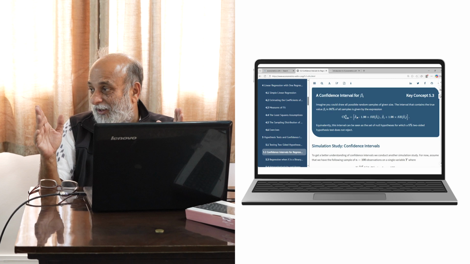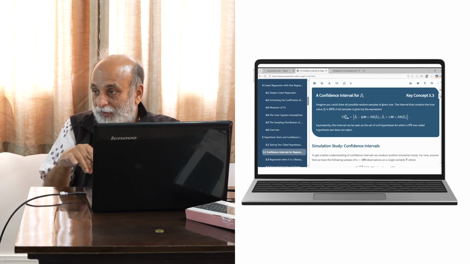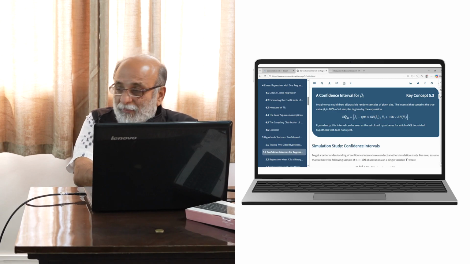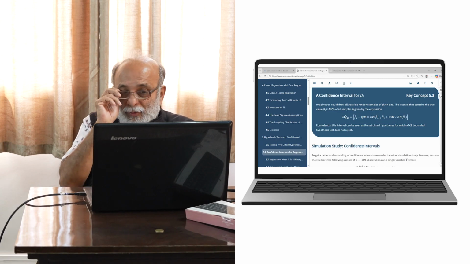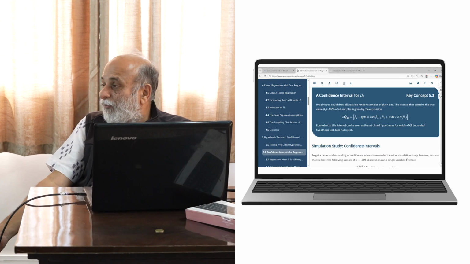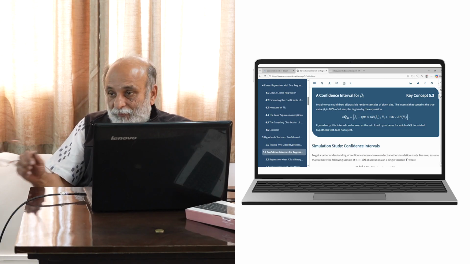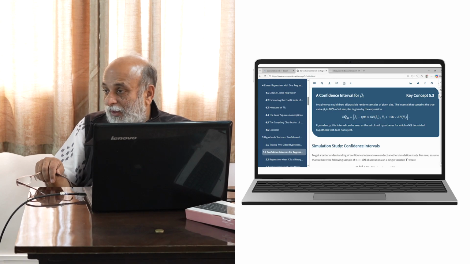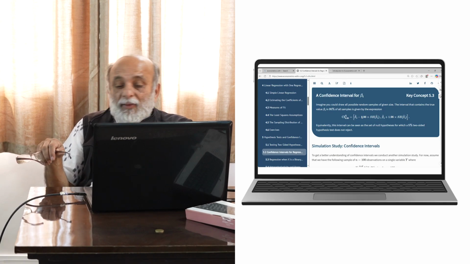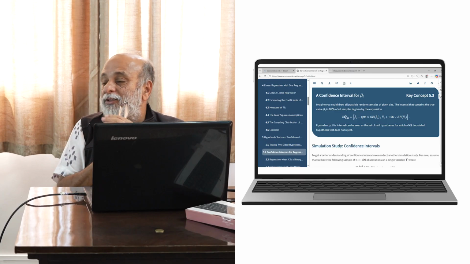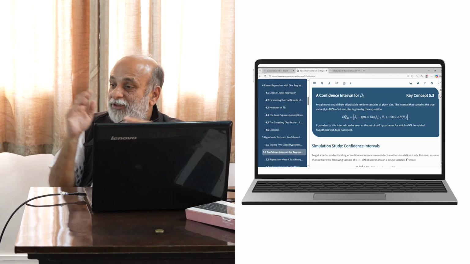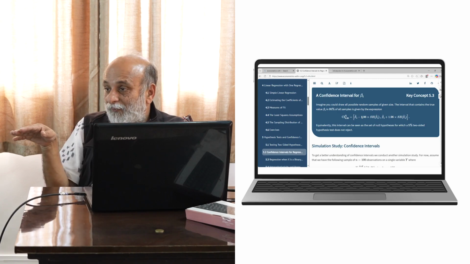It's a very helpful thing, right, because it gives you the uncertainty. So that is given by the estimated value minus 1.96 into the standard error, and the estimated value plus 1.96 into the standard error, where standard error is the estimated standard deviation of that beta hat coefficient. Why minus 1.96, plus 1.96? Because we know that if the sample size is large, the distribution of beta hat is standard normal.